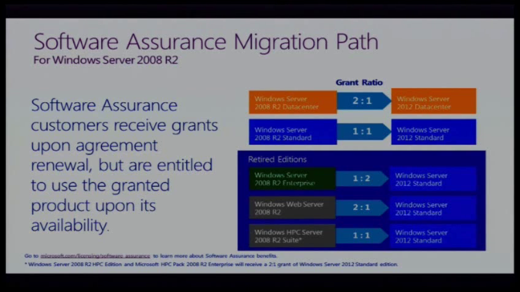Customers that had 2 Data Center licenses received 1 Windows Server 2012 Data Center license. Remember that each Data Center license previously only covered 1 processor, and a Windows Server 2012 Data Center license covers 2 processors. Customers that had Standard Edition received 1 license of Windows Server 2012 Standard Edition for each license, receiving greater value in features and an additional virtual instance.